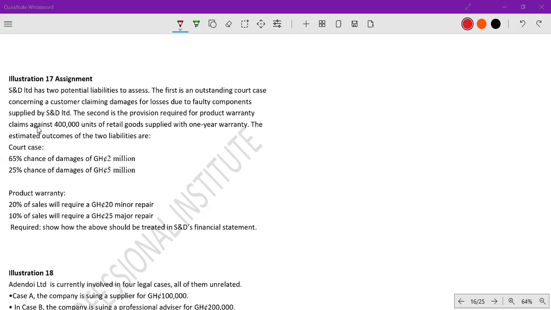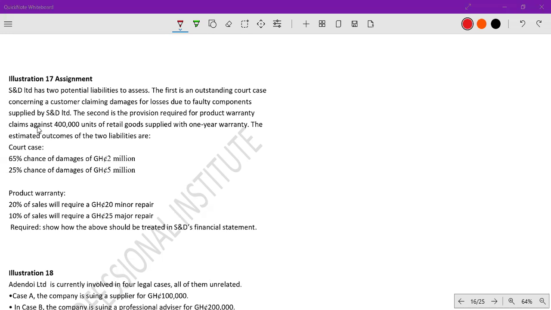S&D Limited has two potential liabilities to assess. The first is an outstanding court case concerning a customer claiming damages for losses due to faulty components supplied by S&D Limited. The second is the provision required for product warranty claims against 400,000 units of retail goods supplied with a 1 year warranty.